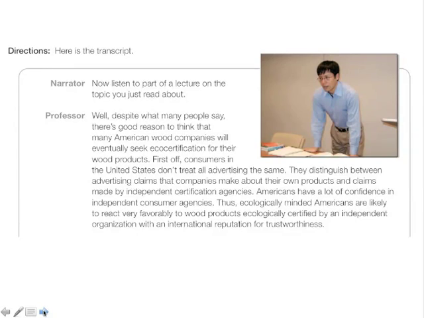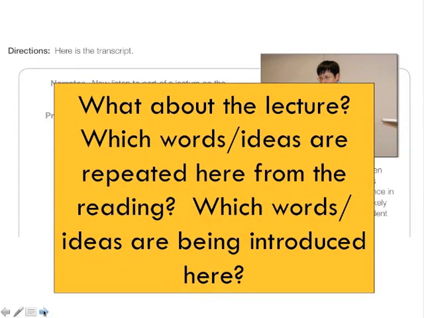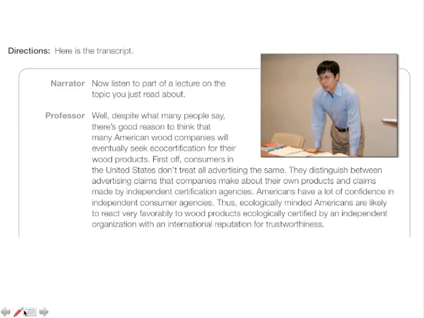Now, thinking about the listening, again, in the lecture, any words or ideas being repeated, or even any new ideas or words that are being introduced for the first time. Well, as we look through, we talked about the idea of eco-certification, so yes, it's there. We're really talking a lot about wood companies. Since this is forestry, the idea of wood products, those kinds of things, we definitely need to make sure we use in our response.